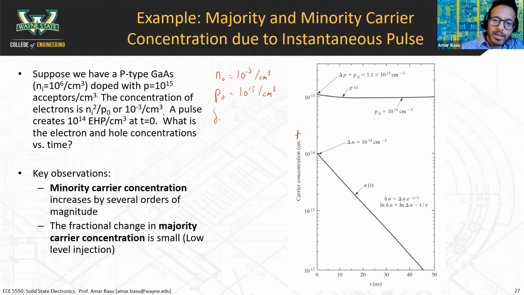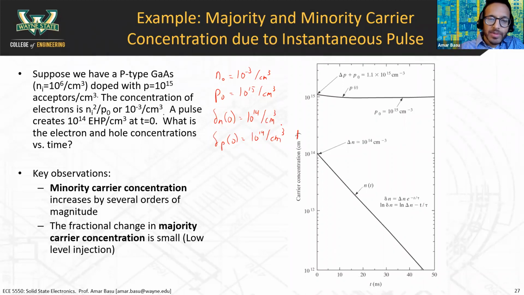So delta n at time equals 0 is equal to 10 to the 14th per centimeter cubed, and delta p at time equals 0 is equal to 10 to the 14th per centimeter cubed.